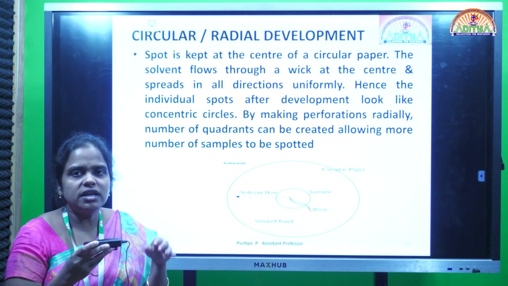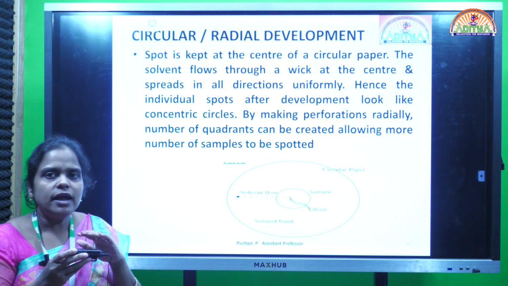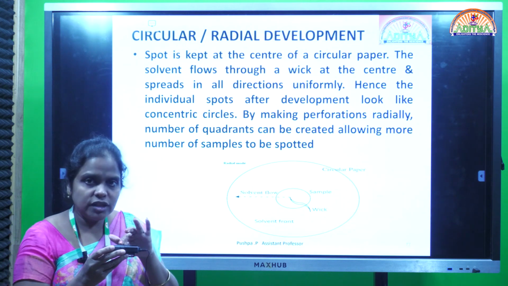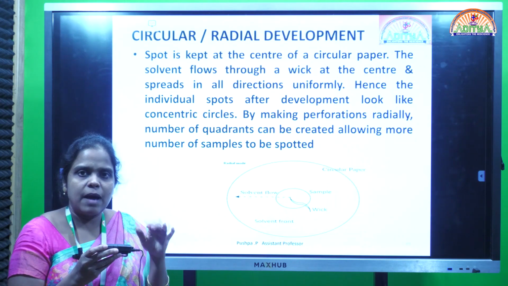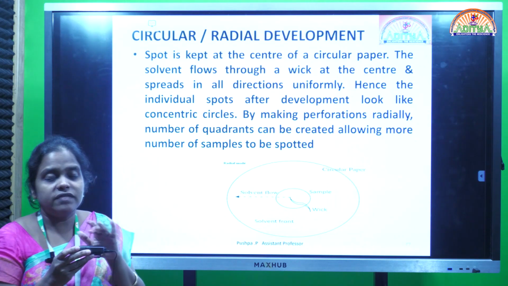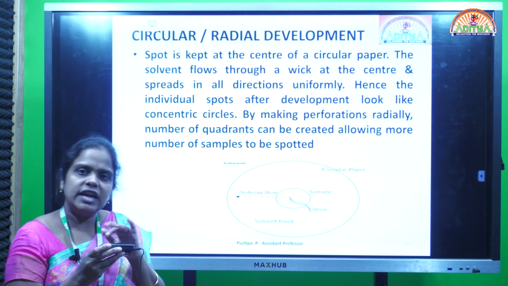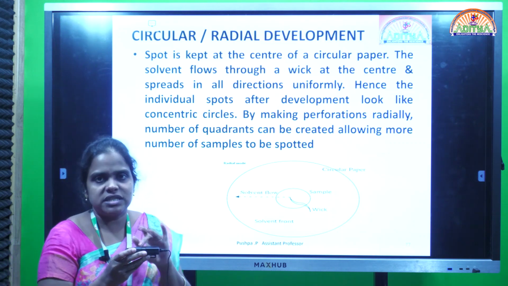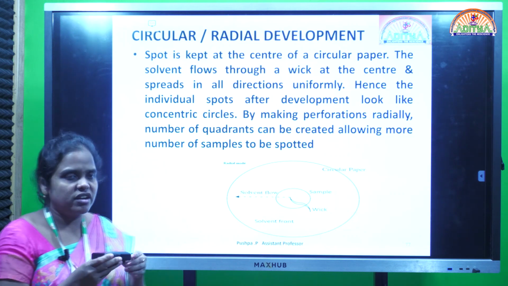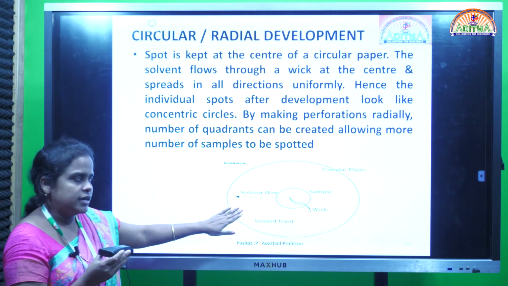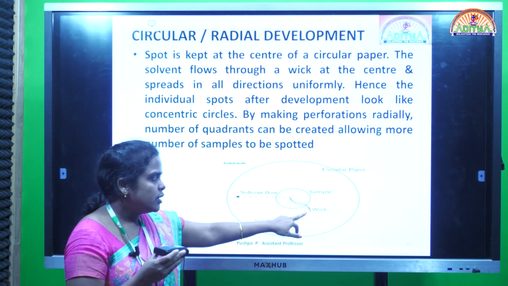Based on that, the elution will happen. After the mobile phase spreads through this cotton wick onto the circular paper, the sample present on the paper will get mixed with both the mobile phase and the stationary phase, and based on its solubility it will elute slow or fast. Understood? This is the cotton wick.